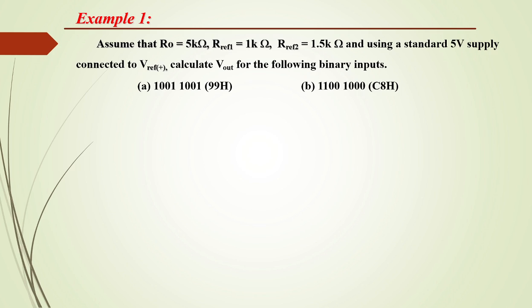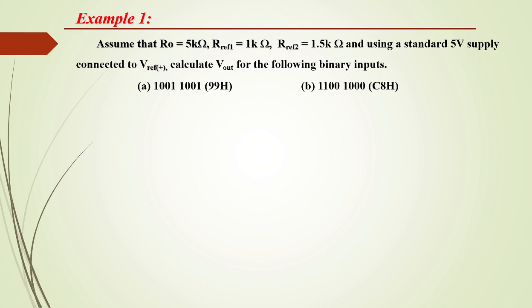So let's take an example. Assume that RO, the output resistor connected to the I out pin to convert the output current into the output voltage, is 5 kilo ohm. There are two reference resistors connected, one of 1 kilo ohm and another of 1.5 kilo ohm, and a standard 5 volt supply connected to V reference plus.